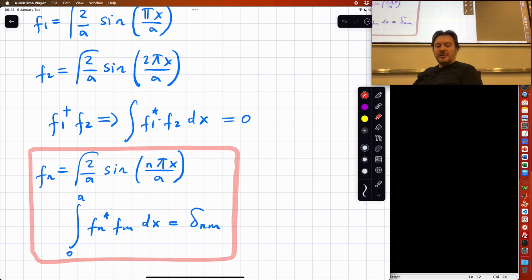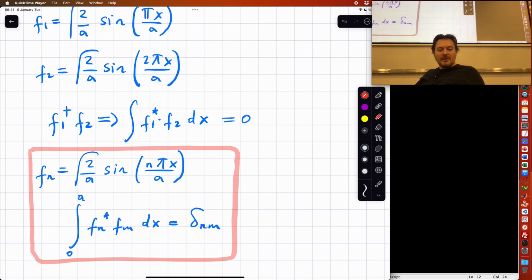So what we have achieved is the following. We have figured out that these functions, fn equals this, form a complete orthonormal basis. What does it mean? It means that any function, any analytical function, probably, I have to say that, probably, otherwise it doesn't work.